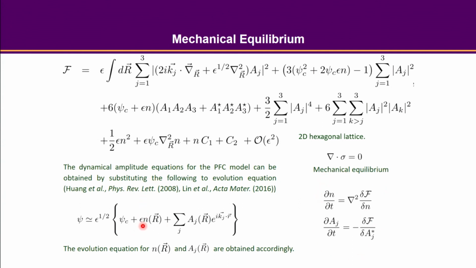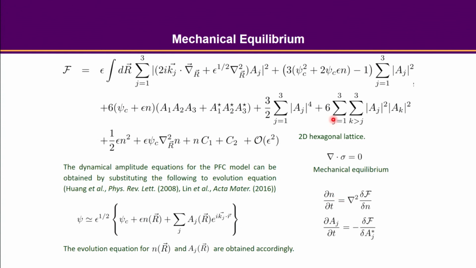So the mean density is this n of r, and the amplitude is this A. So you just forcefully plug that back into the free energy functional and also take the functional derivative to get the evolution equation. You immediately see that the mean density goes through diffusion, but the amplitude is not a conserved parameter, right? So it just follows an Allen-Cahn equation.